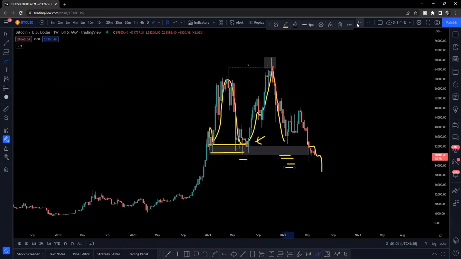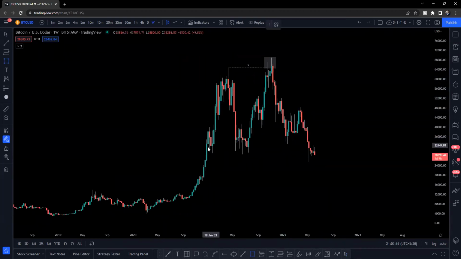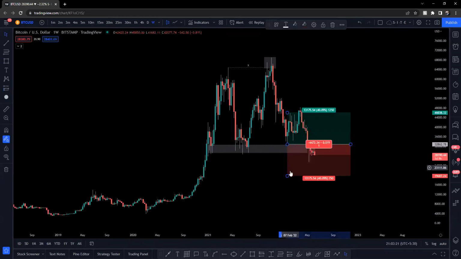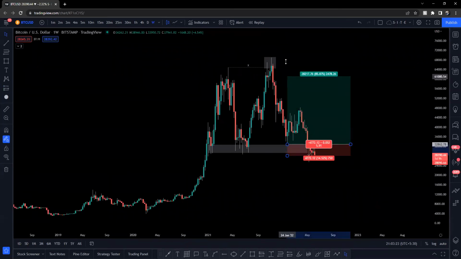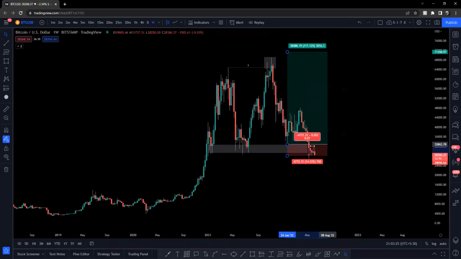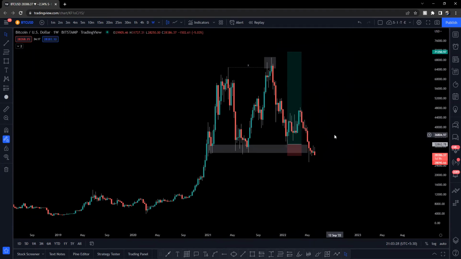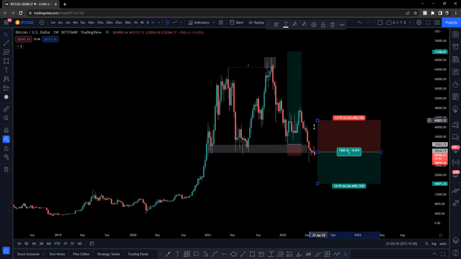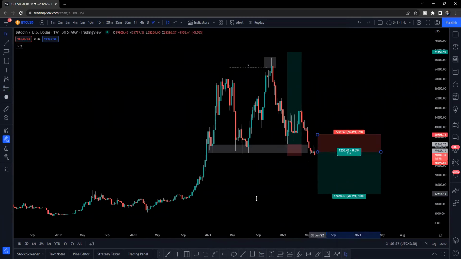And after this demand is broken, in terms of SMC it is called SNR liquidity, support and resistance liquidity. Everyone is buying here and putting the stop loss just below it, expecting price to go higher, and after this demand, I mean liquidity, is broken, they are looking here to sell.